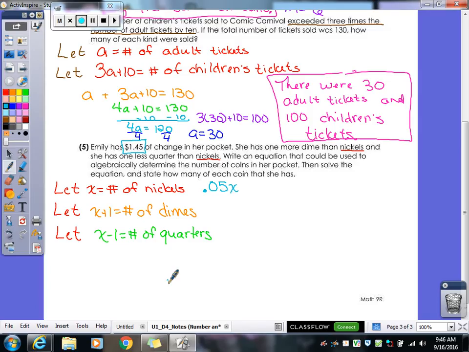Because they told us she has $1.45 in change. We got to make sure we include these. So how much are dimes worth? 0.10. So we got to do 0.10 times x plus 1. And then quarters, 0.25 times x minus 1.